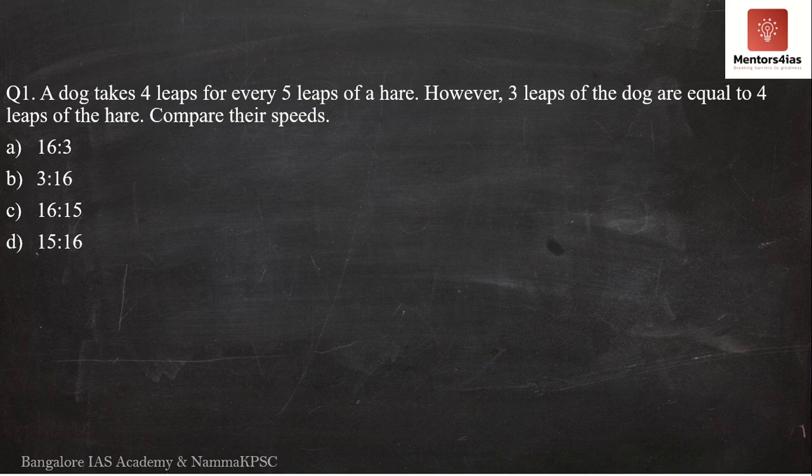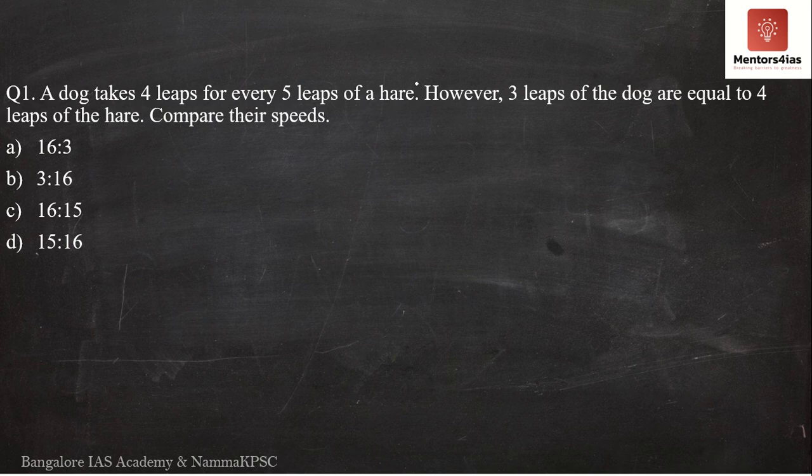Now, the first problem says a dog takes 4 leaps for every 5 leaps of a hare. However, 3 leaps of the dog are equal to 4 leaps of the hare. Compare their speeds.